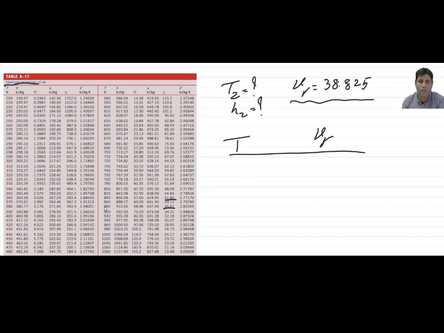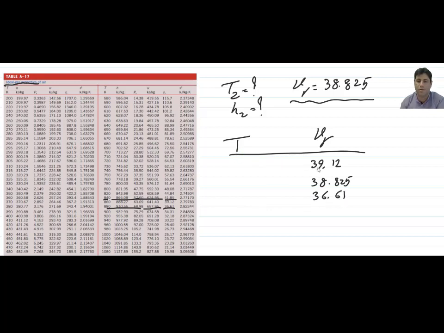For temperature, we need this information from the table. VR which we have is 39.12, our VR is 38.825, and here 36.61.